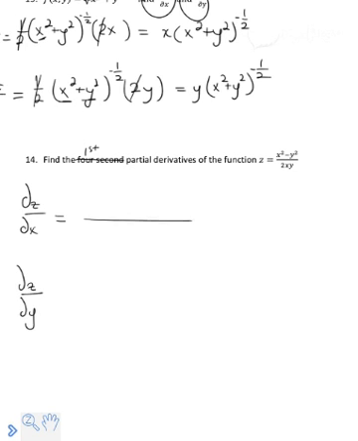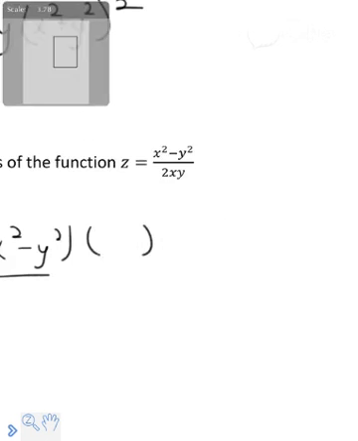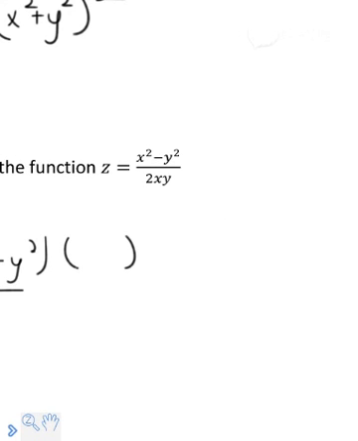So first with respect to x, this is going to be a quotient rule, low d high. Now the derivative of the upper function, or of the numerator, with respect to x means that y squared is a constant whose derivative is 0, so the derivative of the upper portion is 2x, minus high d low. Now if we're taking a look at the denominator, 2xy, remember we're taking the partial derivative with respect to x, so y is a constant.